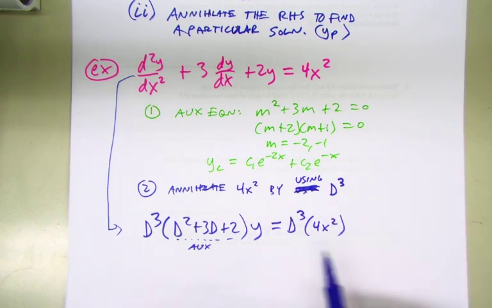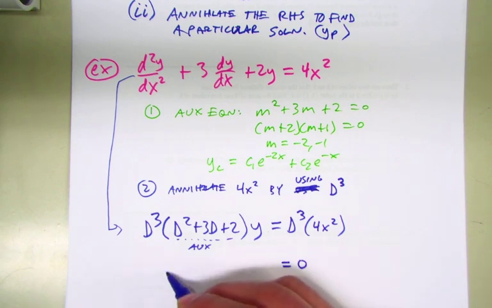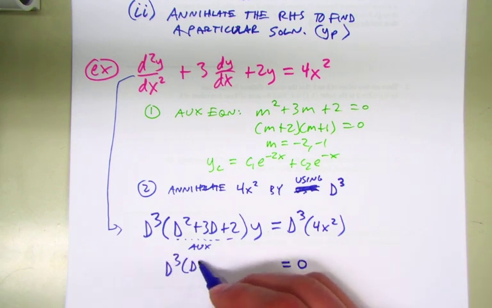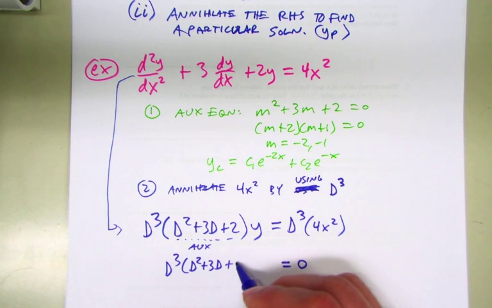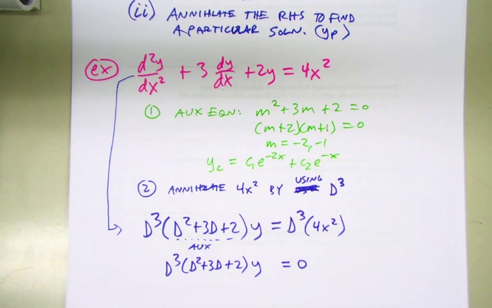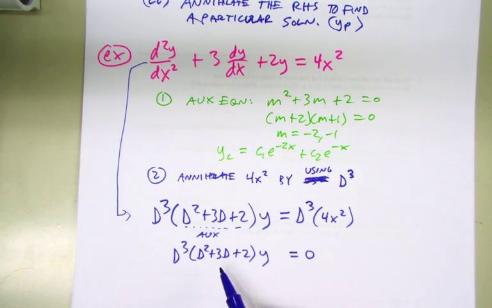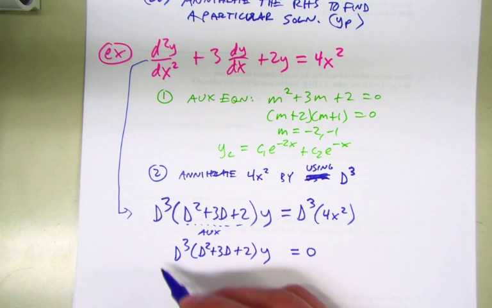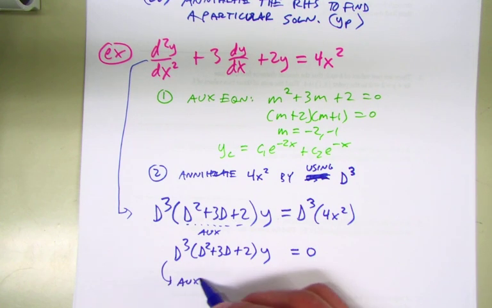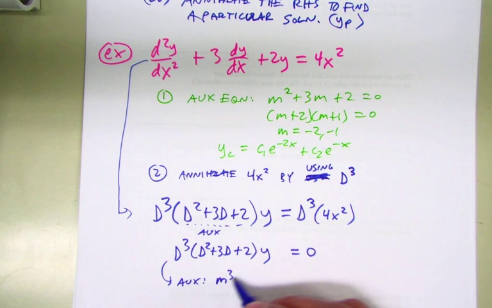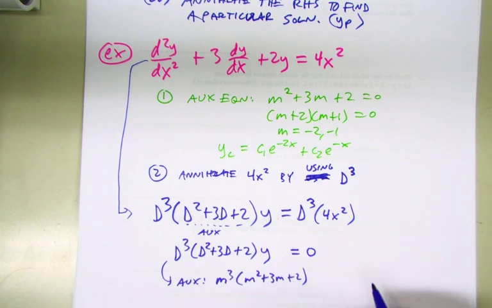And the whole point of this now is that on the right-hand side, this equals 0. And now on the left-hand side, we have a slightly new differential equation that we know how to solve. This translates to an auxiliary equation of m cubed times m squared plus 3m plus 2.